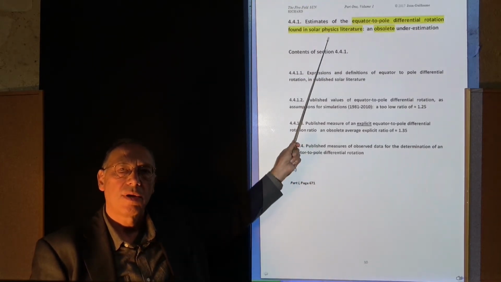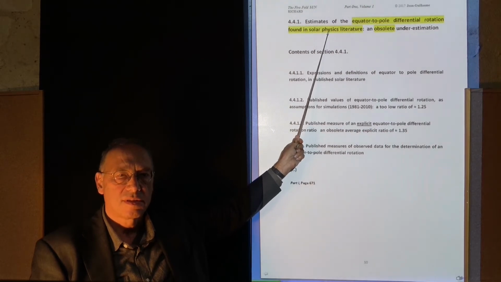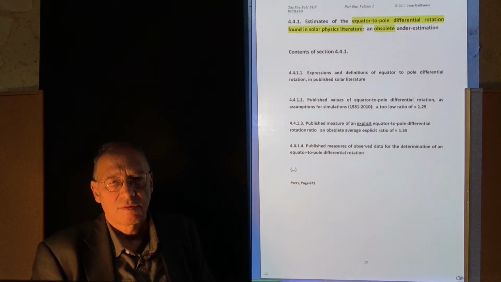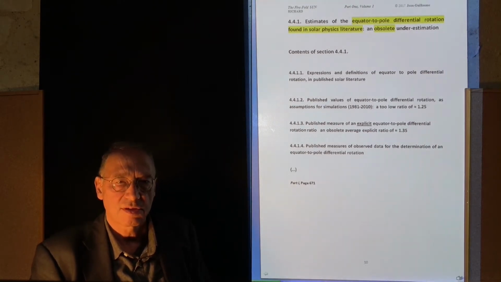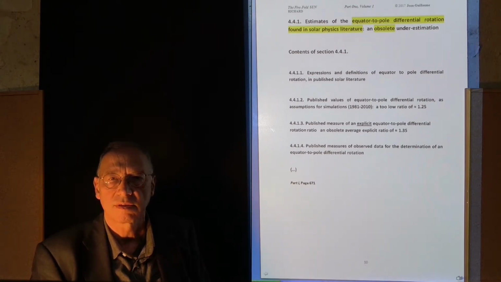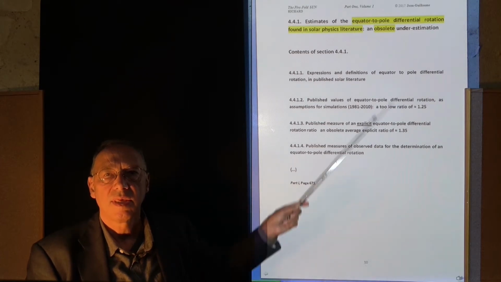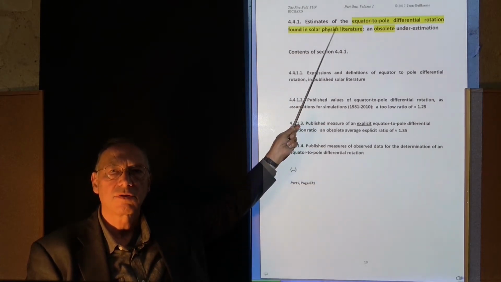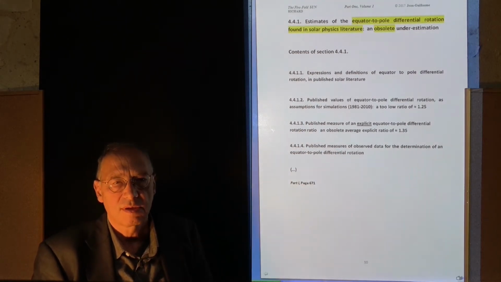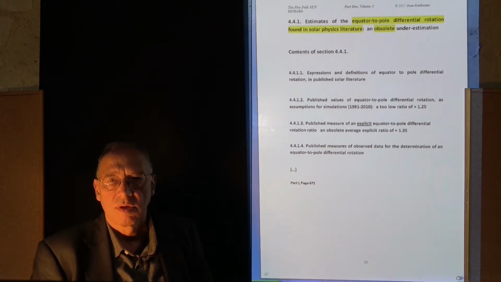If we look now at the estimates of this ratio in solar physics literature, first of all, there is a scarcity of such statements. This has been of little interest to solar physicists so far. The differential rotation from equator to pole was regarded as something that is very difficult to measure and maybe a futile pursuit.